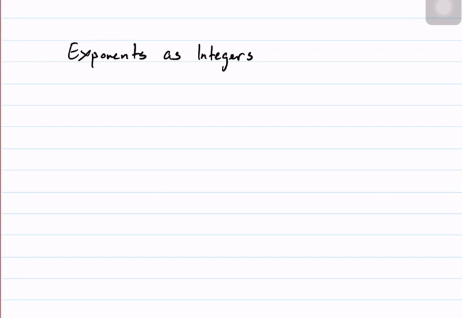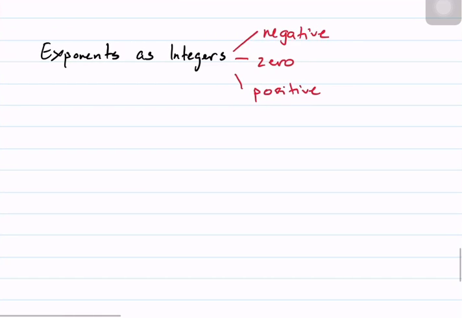In this lesson, we're going to be looking at exponents as integers. This should be a review for a lot of you, but let's just quickly talk about integers. We know there are three types of integers: negative, 0, and positive integers.